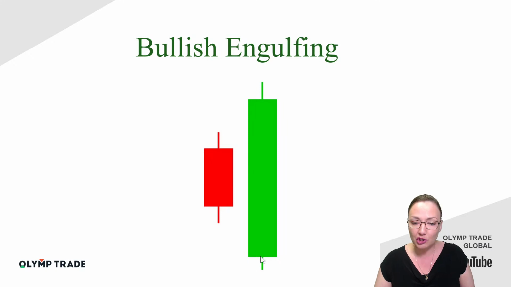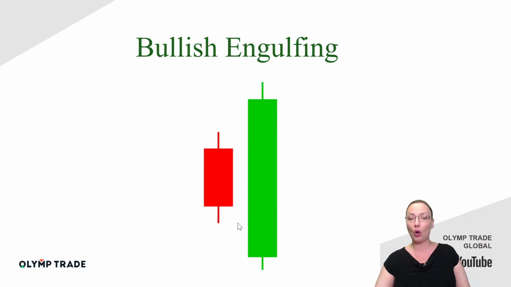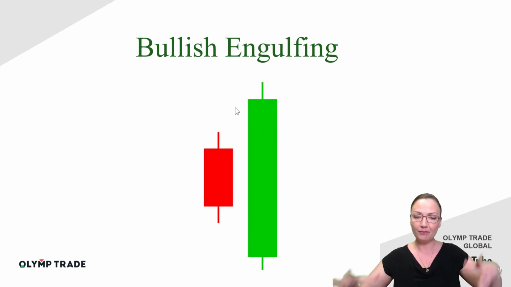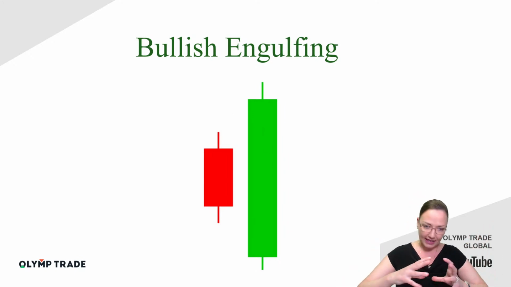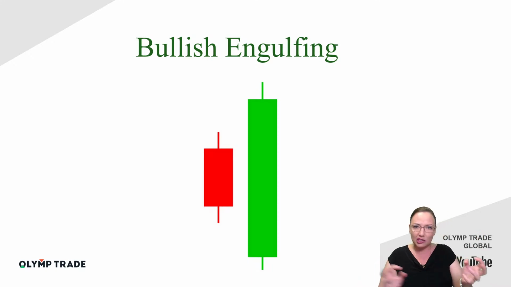With a bullish engulfing, the second green candle has to completely cover the red candle. It has to open below the red candle and close above the red candle. So it basically just swallows the price movement.